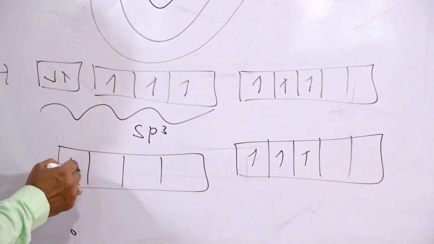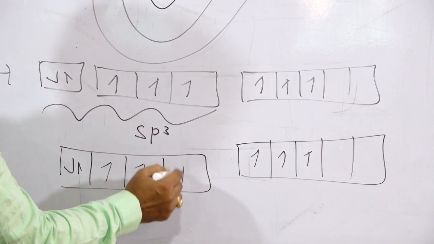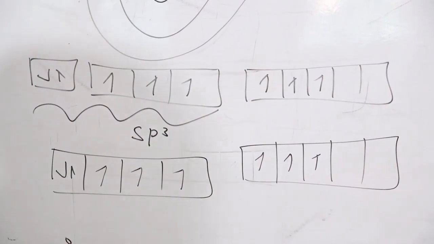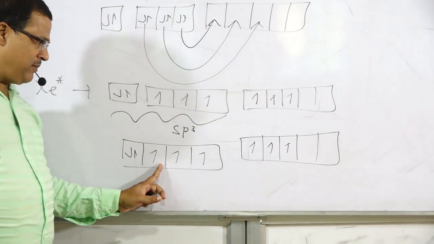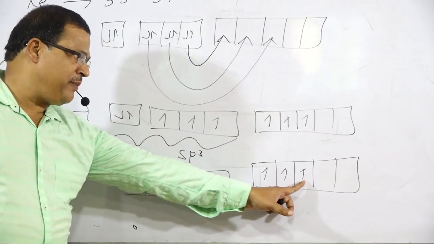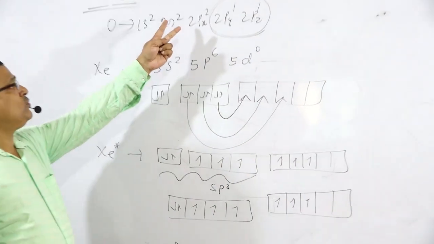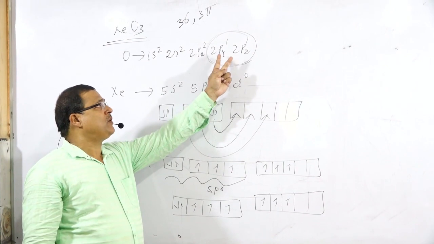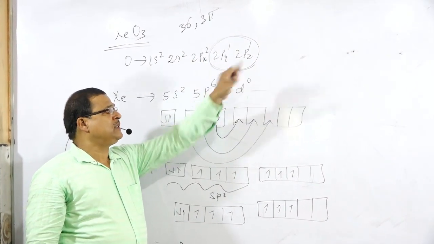With the lone pair present in the hybrid orbitals, the unpaired electrons present are 3. So these hybrid orbitals containing unpaired electrons will form sigma bonds. These unhybridized orbitals containing unpaired electrons will form pi bonds with the oxygen atom, because one oxygen atom has the ability to form 1 sigma and 1 pi, one with hybrid, another with unhybridized.